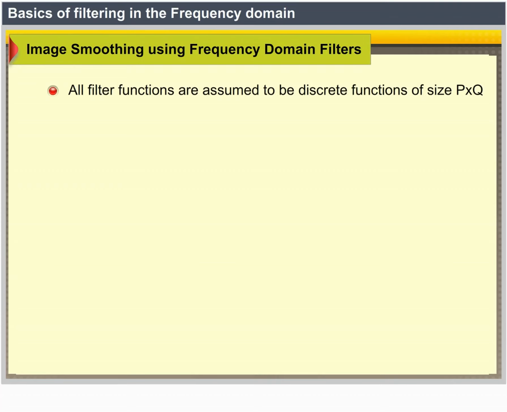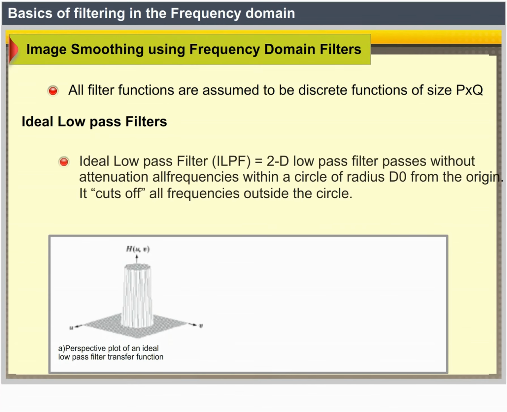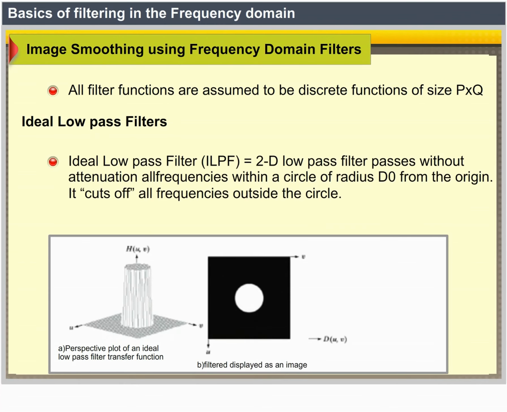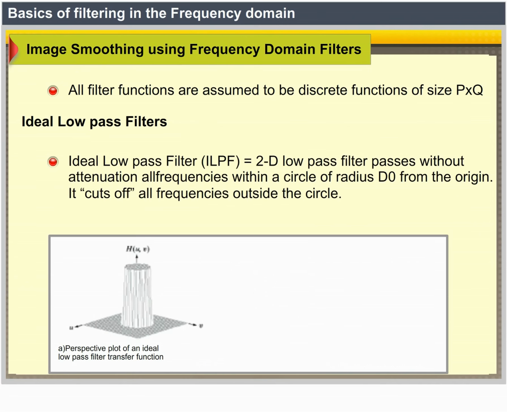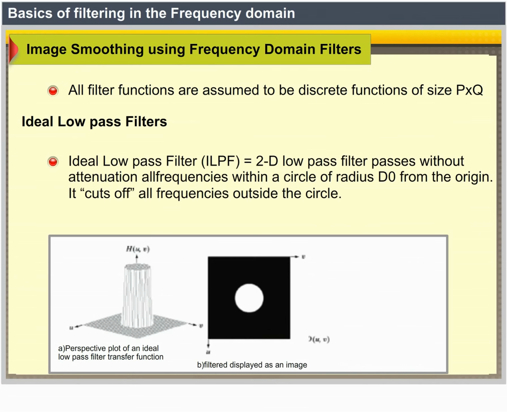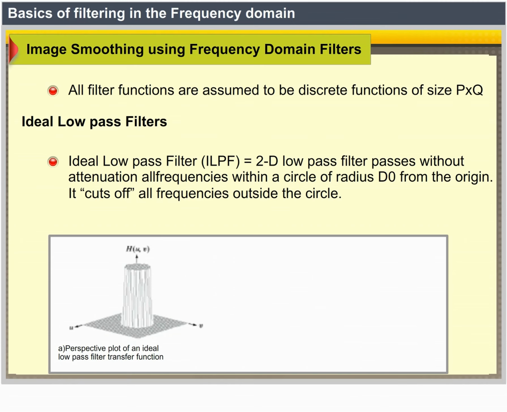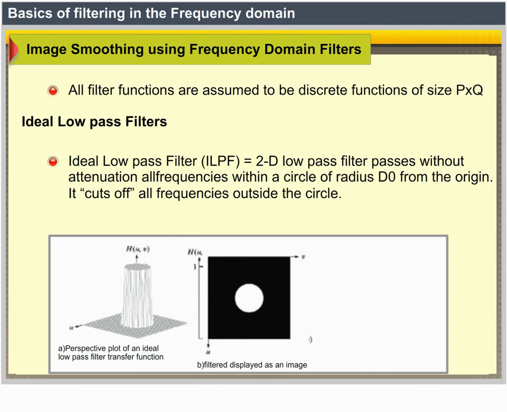All filter functions are assumed to be discrete functions of size P by Q. Ideal low-pass filters. The ideal low-pass filter, ILPF, passes without attenuation all frequencies within a circle of radius D0 from the origin and cuts off all frequencies outside the circle.